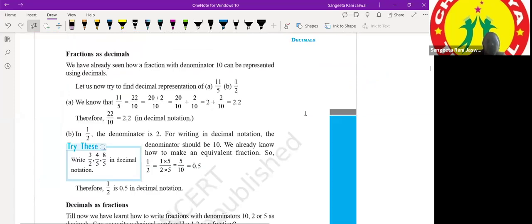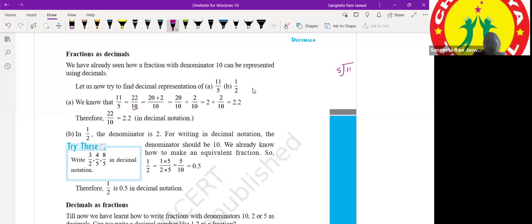Now, fractions as decimals. How do we represent a fraction as a decimal? One way is just by dividing. When you are given the number 11 by 5, you just divide by 5 like this and you get a decimal value, right? Another way is you make the denominator a round figure which has 0, like 10 or 100. To make it 10, you multiply 5 by 2.